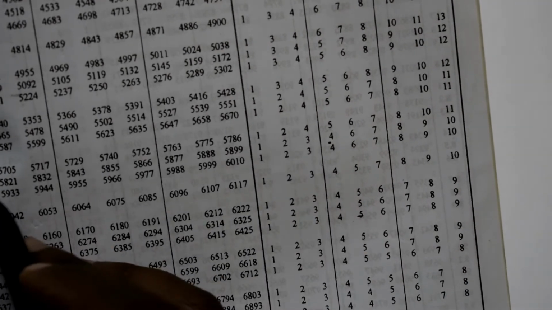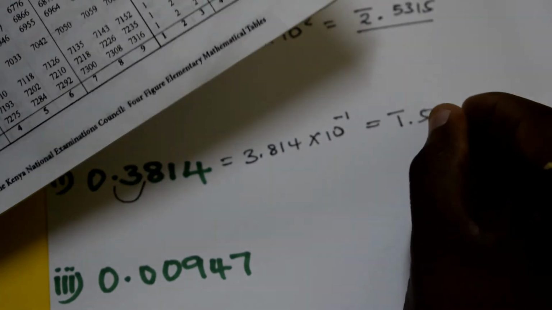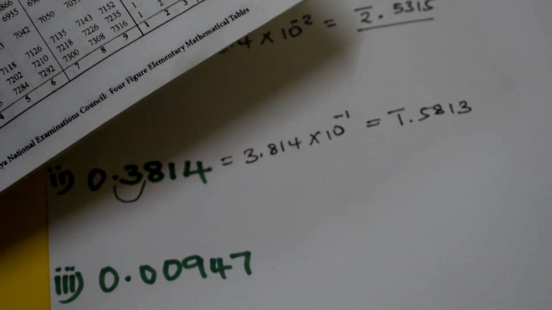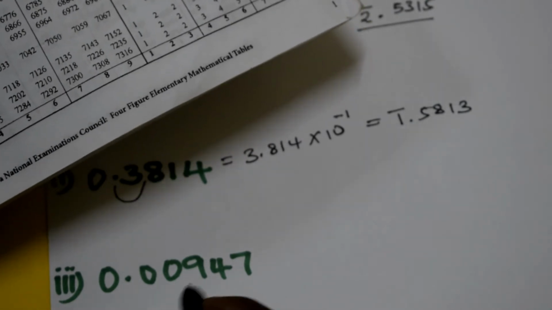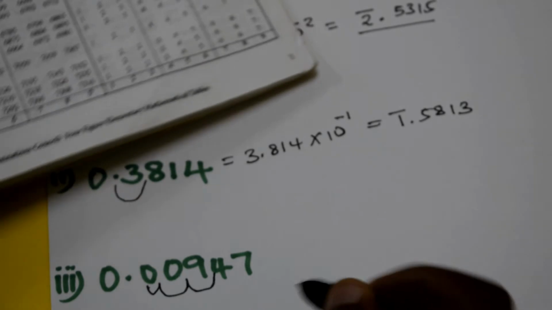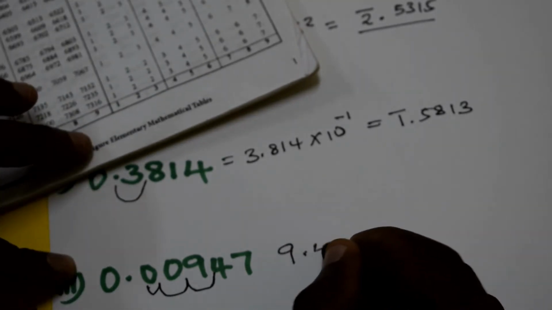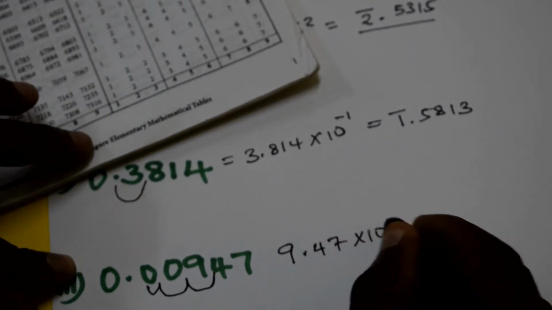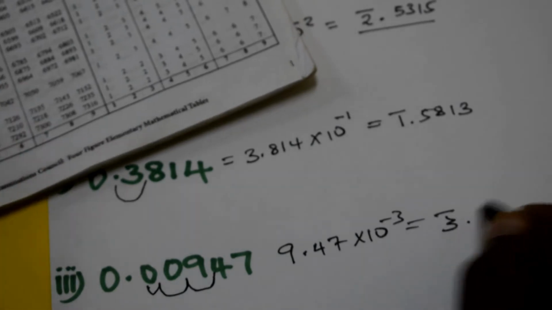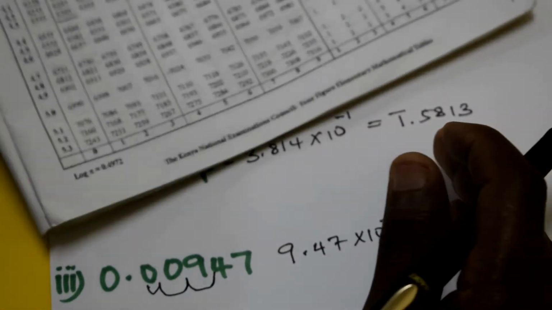So we add 4 to this, we get 0.5813, and that gives us the log of that number. We also have this one, where we move 1, 2, 3. This will give us 9.47 times 10 power -3, and this will give me bar 3.947.